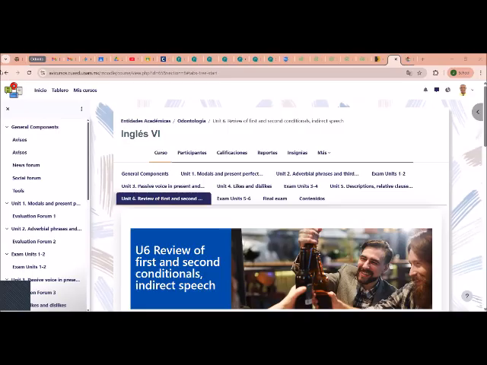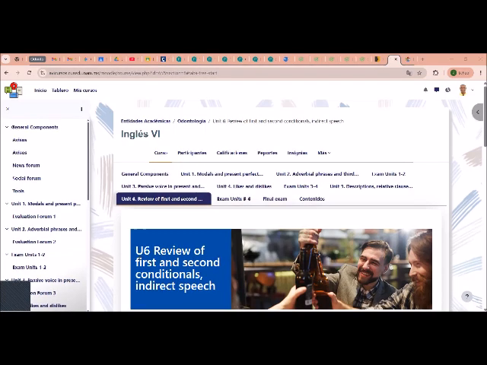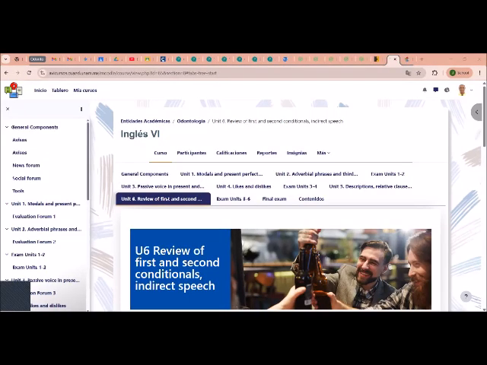Today we're going to go into our last unit. As you can tell, Unit 6 tackles something that we did take some time to look at before, and that's the conditional phrases. Back in January, we looked at third conditional, and I took the time to look at all of the conditionals together.